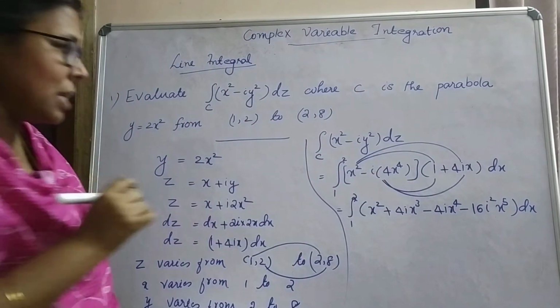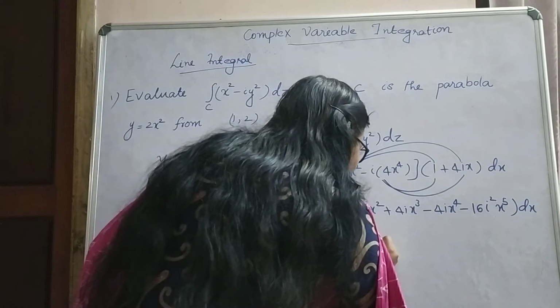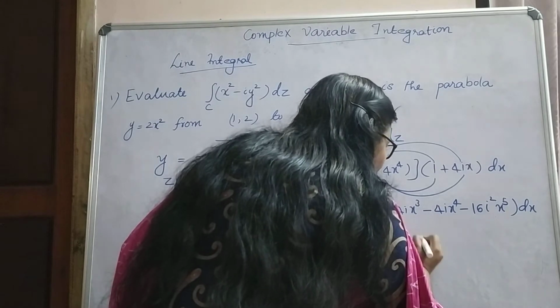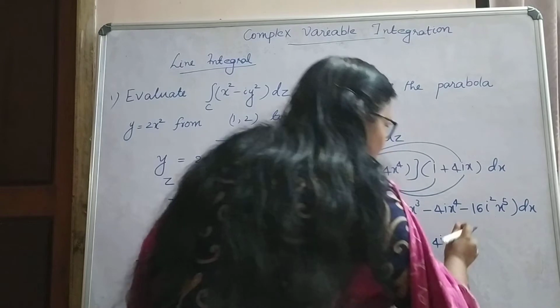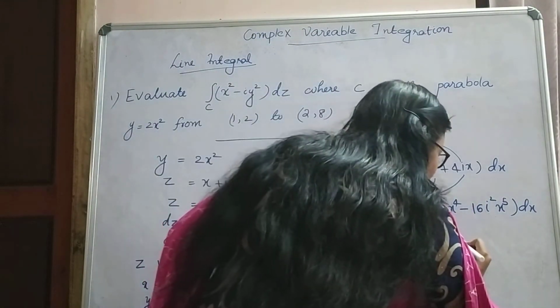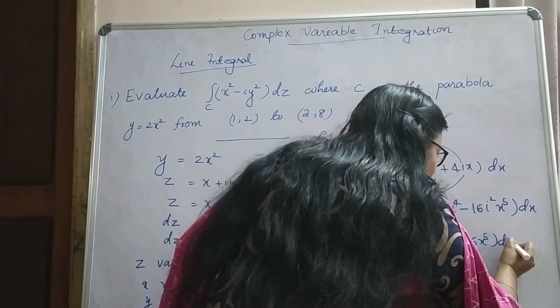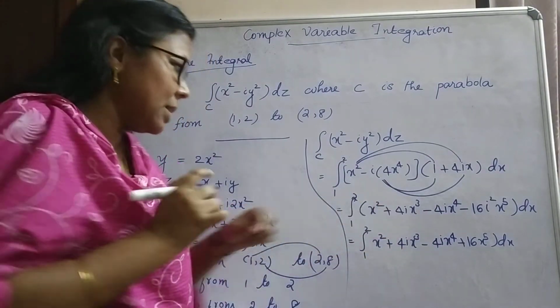I square is minus 1. Therefore it is given as the integral from 1 to 2 of x square plus 4ix cube minus 4ix raised to 4, and minus 16 into minus 1 gives plus 16 x raised to 5 dx. Now we have to integrate this.